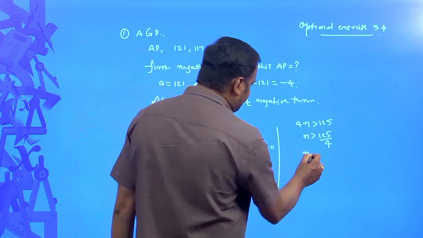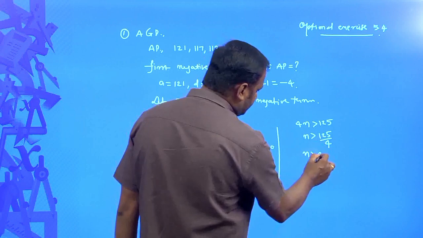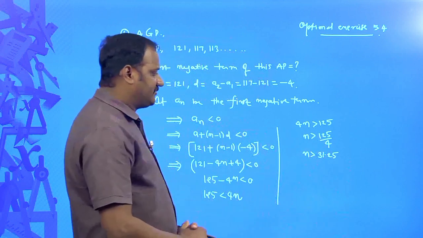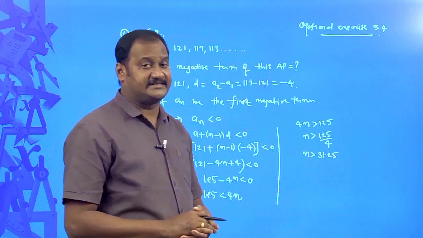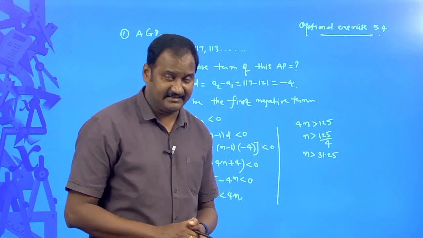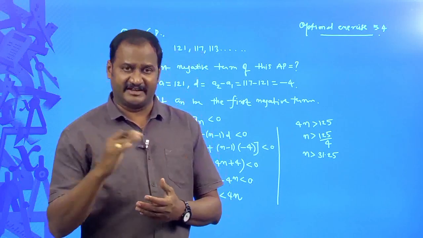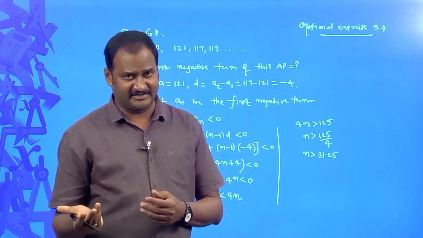So, n greater than 125 by 4. 4 threes are 12, 4 ones are 4.25, so n greater than 31.25. What does that n indicate? That n indicates the number of terms. The number of terms cannot be negative, cannot be a fraction, cannot be a decimal.